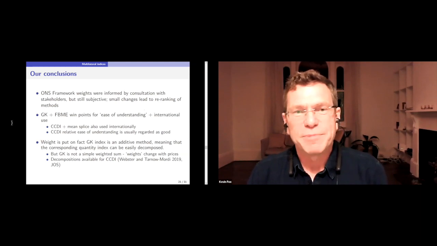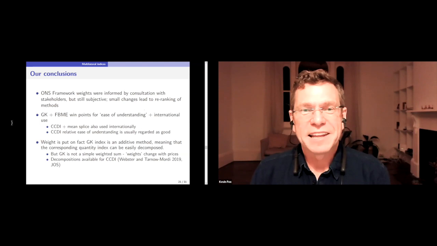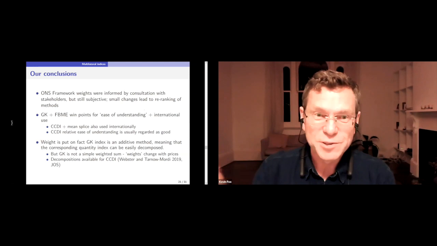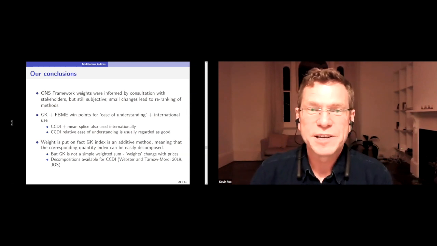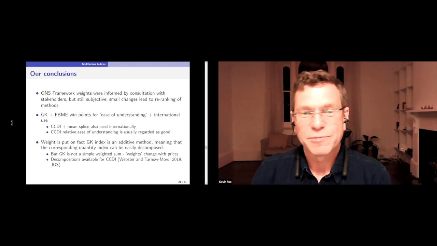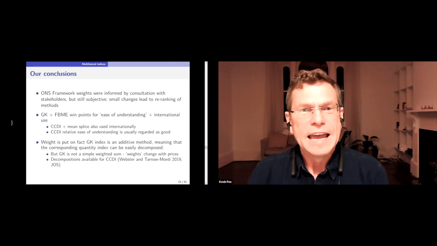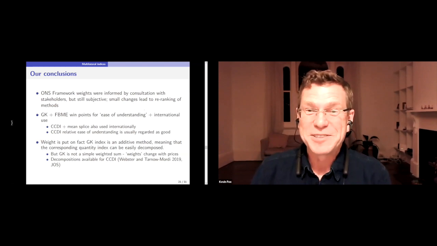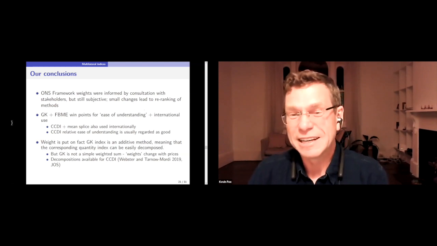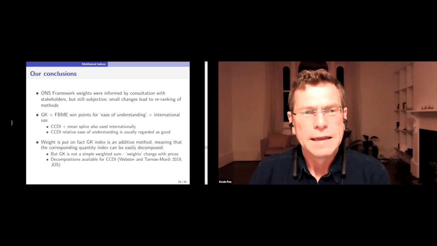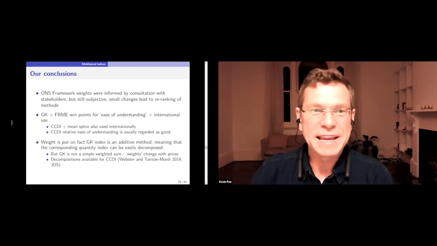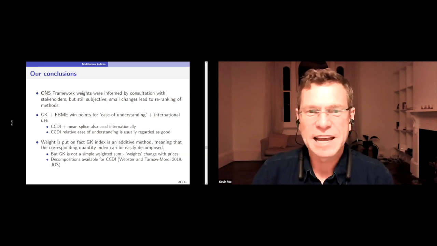The Gary-Khamis or the FBME gets allocated points for ease of understanding plus international use, but the GEKS-Törnqvist or CCDI with the mean splice is also used internationally, for example, by the Australian Bureau of Statistics. And the CCDI's relative ease of understanding is usually regarded as one of its strengths, because mathematically, it's like comparing all observations to an average period, which is very easy to explain relative to an index like the Gary-Khamis.